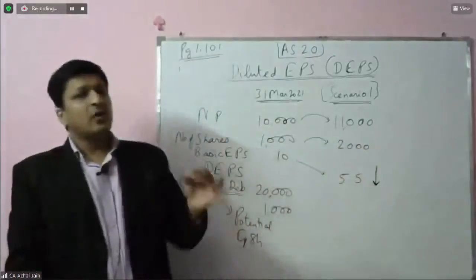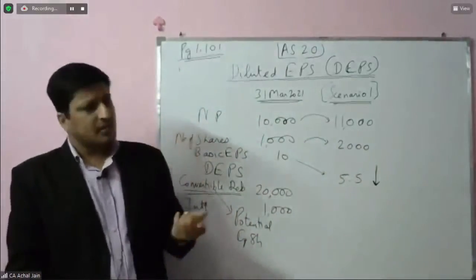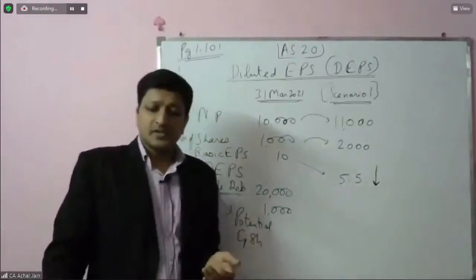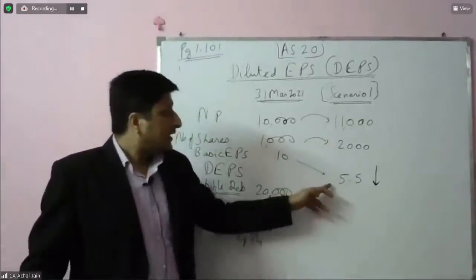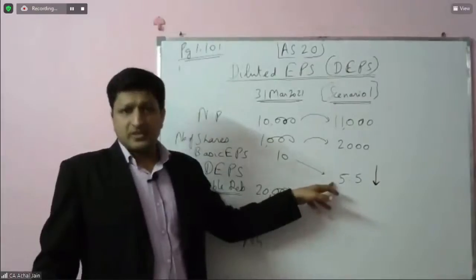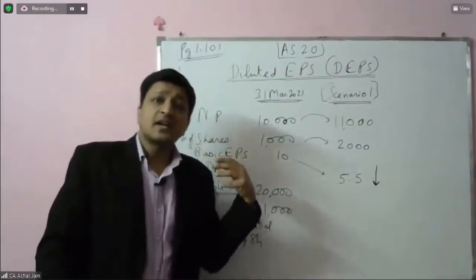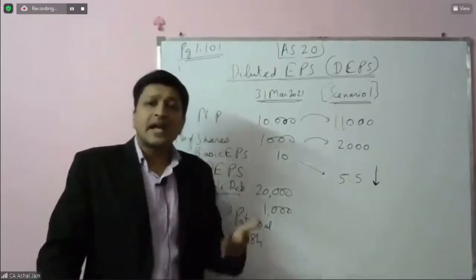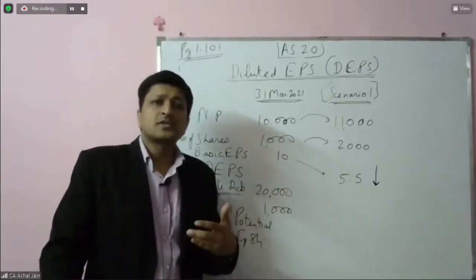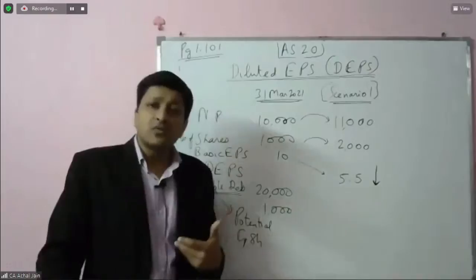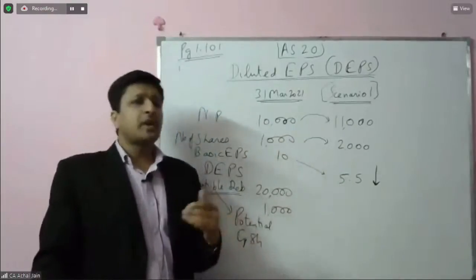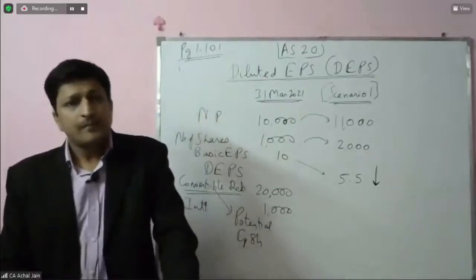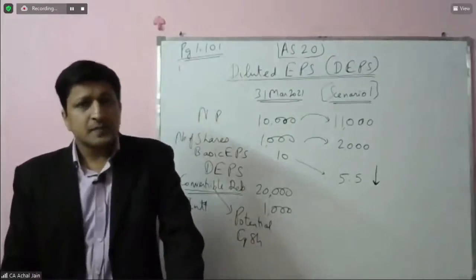The moment you have potential equity shares, in that very year, you will have to compute the diluted EPS. Because diluted EPS is not the actual EPS. Diluted EPS is the dilution which we are checking, which will arise because of this conversion, which will take place or which may take place in future. Clear on this part?